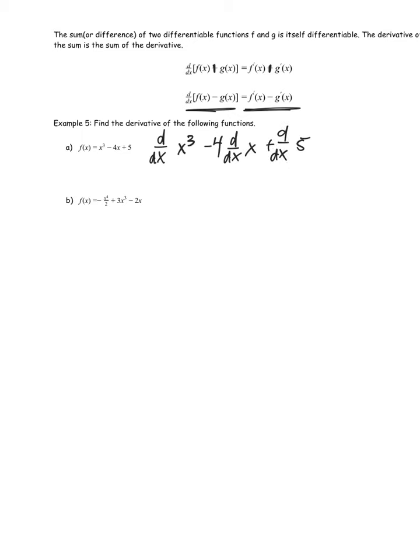Okay, the derivative of x cubed is 3x squared, minus 4 times the derivative of x, which is 1, plus the derivative of the constant, which is 0. So my answer is 3x squared minus 4. Okay, so for b, negative x to the fourth over 2 plus 3x cubed minus 2x. If you notice when I write this, I go ahead and take my constants out.